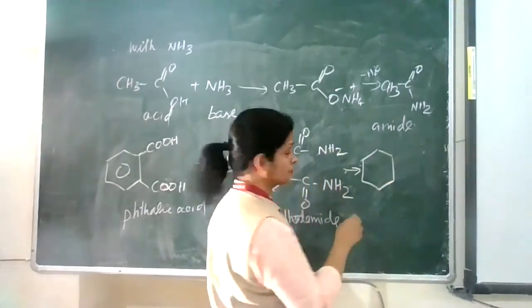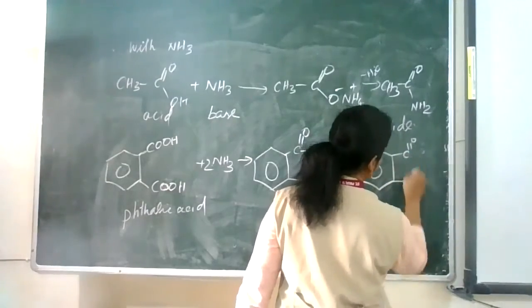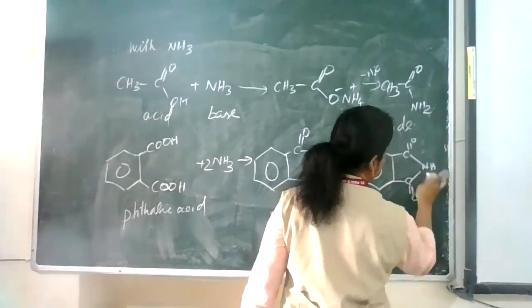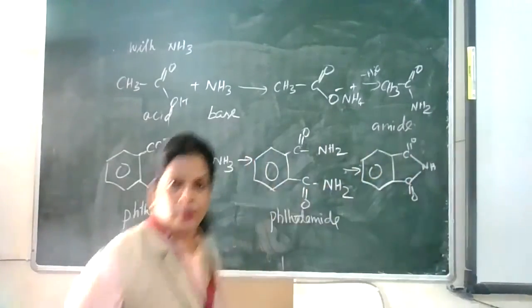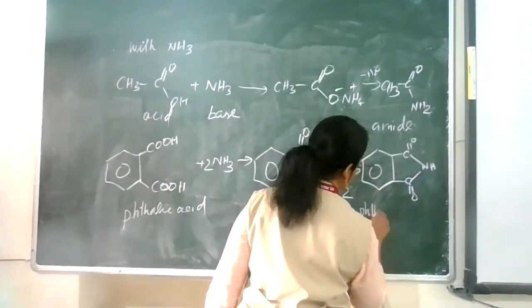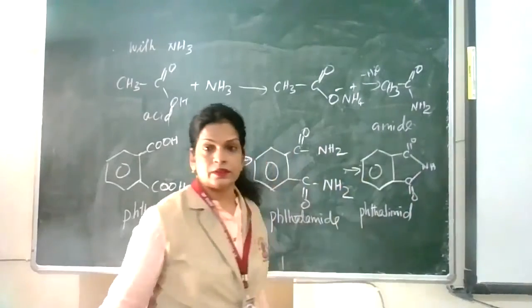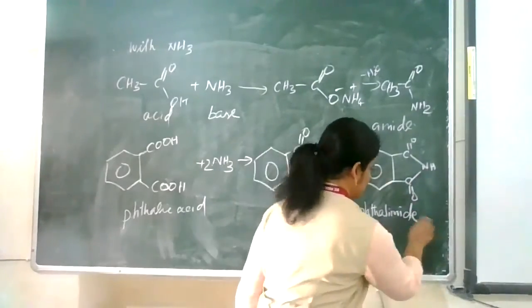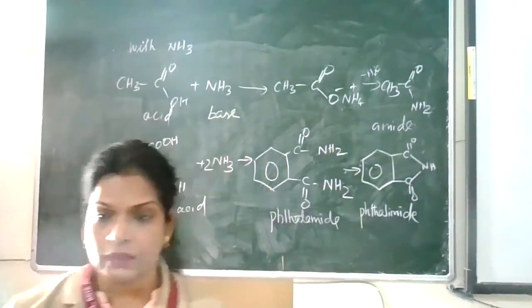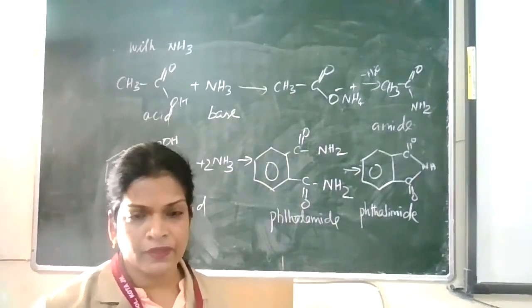Then COOH, this will be obtained. So this is phthalamide. So this is a reaction with ammonia.